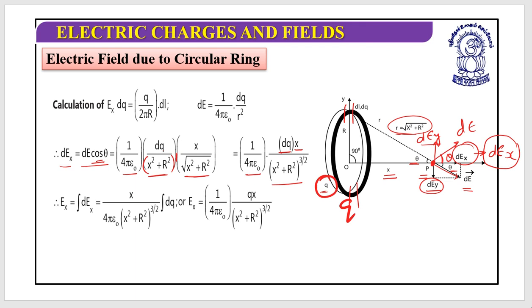Now let us integrate this. The integration of dq gives the total charge on the ring, which is q. So this is k multiplied by q multiplied by the axial distance x, divided by x square plus r square to the power 3 by 2.